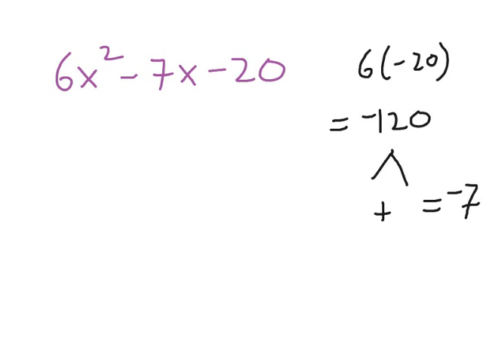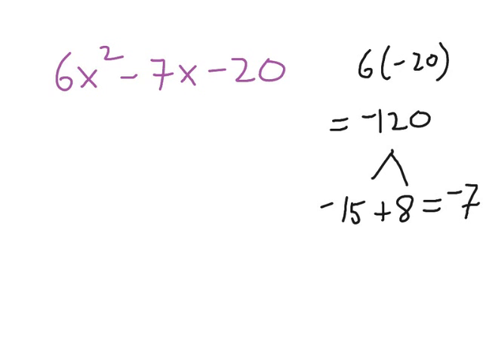So let's see, how can I factor negative 120? There's lots of ways to factor 120. 10 and 12 would work, 2 and 60, but I think the one we want is negative 15 and 8, because negative 15 and 8 add up to be negative 7, and negative 15 times 8 is negative 120.